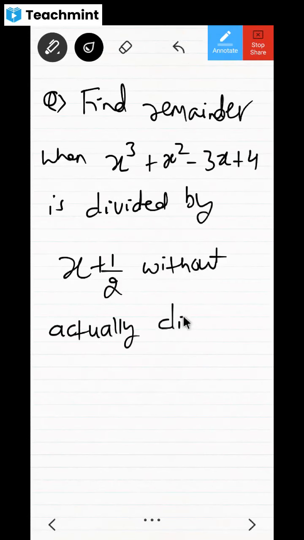Without actually dividing. Do this question. Take this as homework.